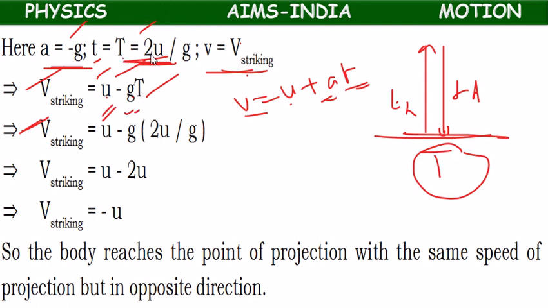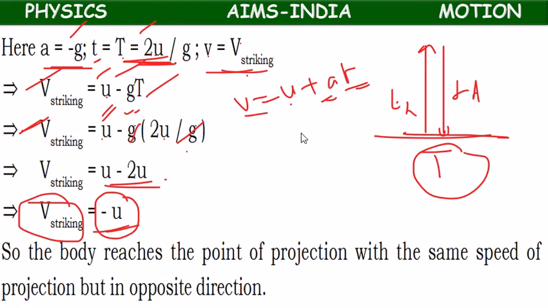We substitute 2u by g for the time of flight. g gets cancelled. u minus 2u means minus u. So v striking is equal to minus u.